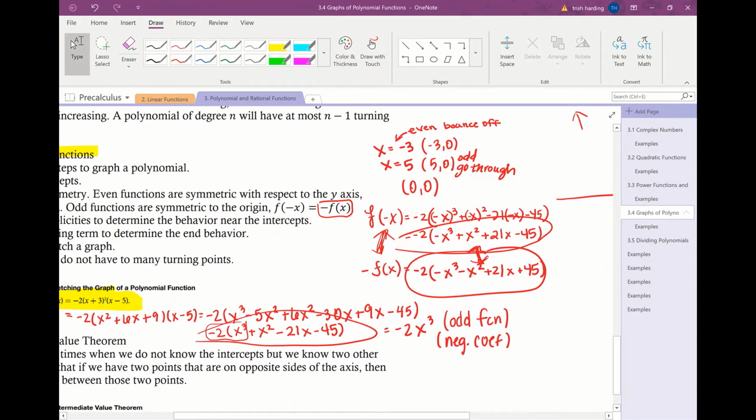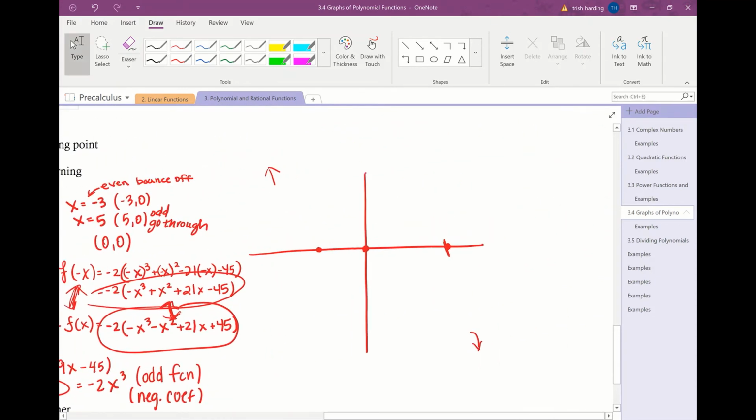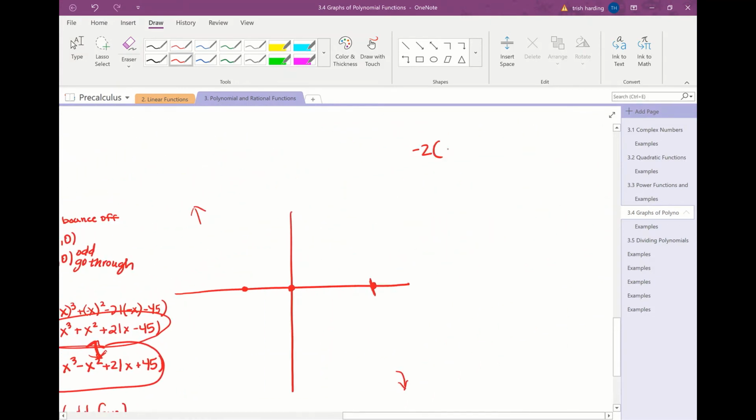So notice, an easy one to use is still this form, the -2 times (x plus 3) squared times (x minus 5). So we'll bring that over here. So when x is less than -3, I'm going to test this.